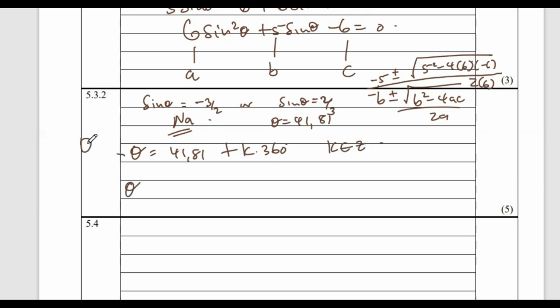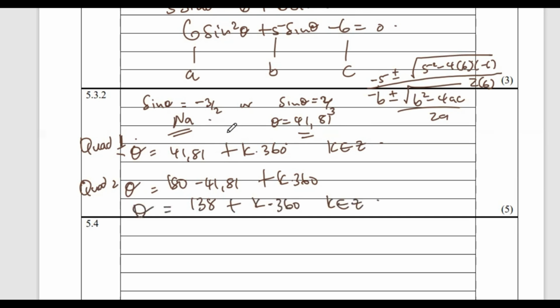And then quadrant number 2, because sine is also positive in that quadrant, it's 180 minus 41.81 plus k times 360. I simplify that, I'm getting 138.19 plus k times 360, k is an element of integers. So that's what would have been done.